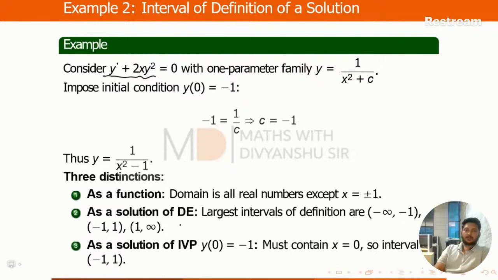So as a solution of the differential equation, the largest intervals of definition are minus infinity to minus 1, then minus 1 to 1, and then 1 to infinity. As a solution of the initial value problem y(0) = -1, the interval must contain x = 0, so the interval is minus 1 to 1.